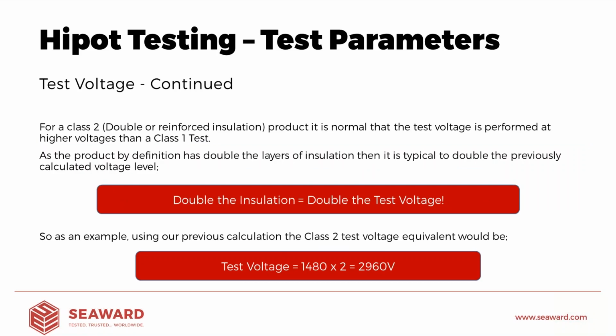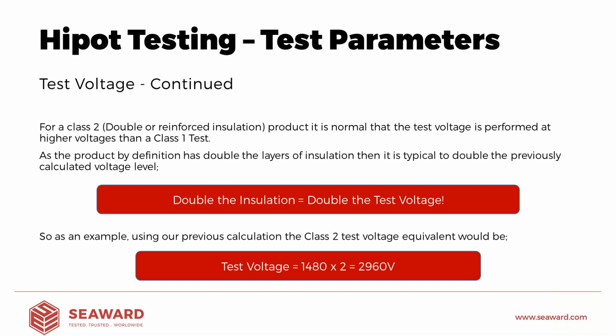For class 2 products that are double or reinforced insulation, it's normal that the test is performed at even higher voltages than a class 1 test. We call it double insulated because effectively it has 2 or more layers of insulation, or reinforced layers of insulation. Because we take that double layered approach, the simple answer is to double the voltage.